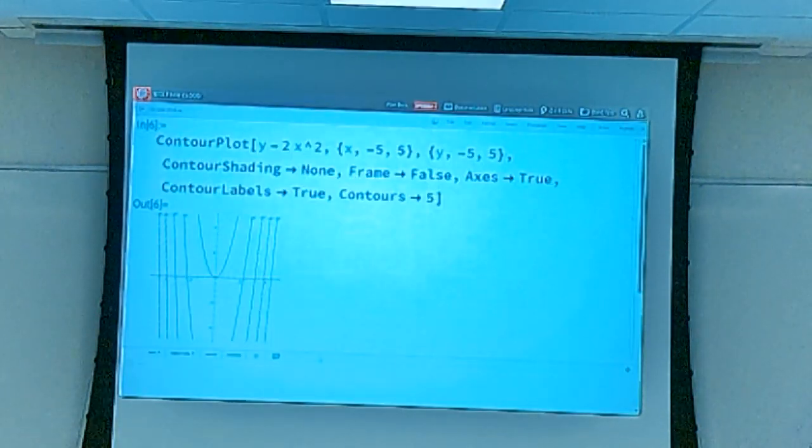It's going to get rid of those. Notice they're only giving me negatives.